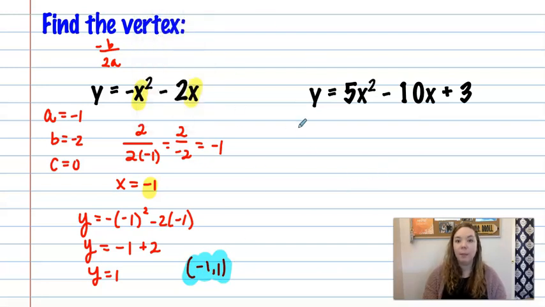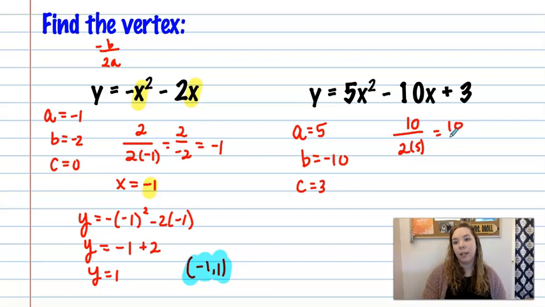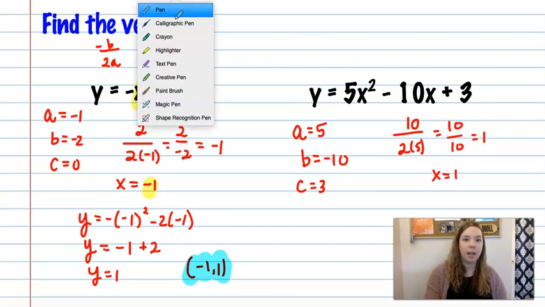All right, one more example. In this case, a is 5, b is negative 10, and c is 3. So first we have to find our axis of symmetry. So negative b would actually be a positive 10 over 2a. So this is going to simplify down to be positive 1. So that's my x-coordinate.